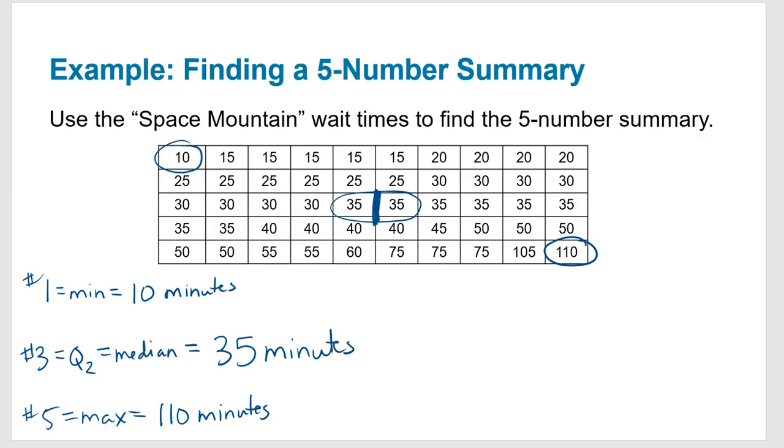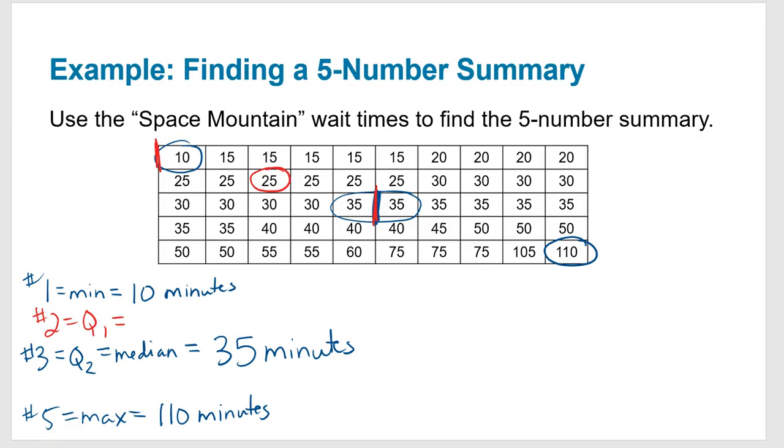Okay, now I need to find my Q1. Q1 is the median of the lower half, so we're just looking at these lower 25. There will be a number in the middle because there are 25 numbers. There's going to be 12, then 1 in the middle, and then 12 at the top. So I'm going to count 10, 11, 12.